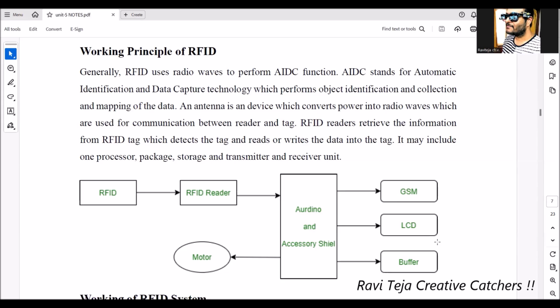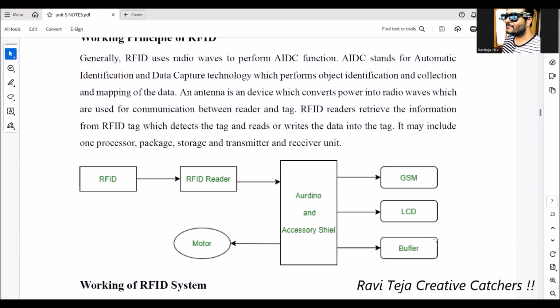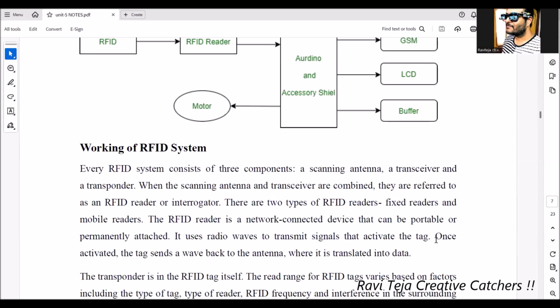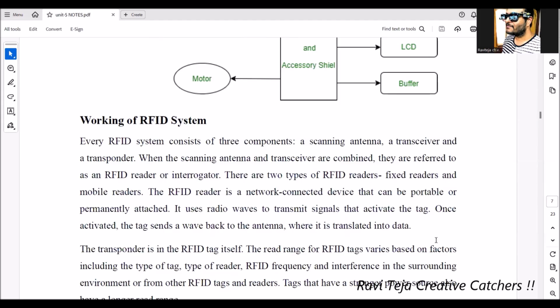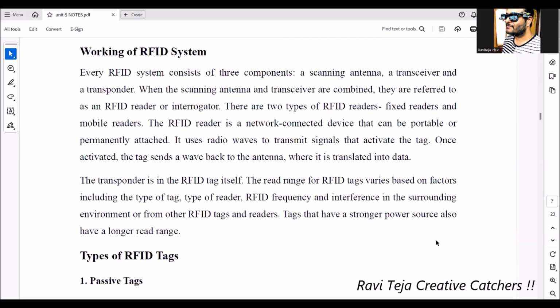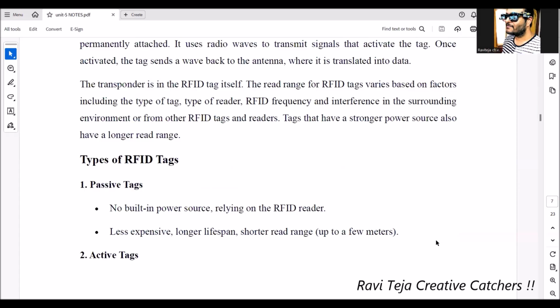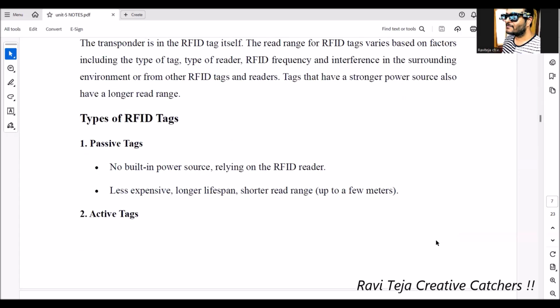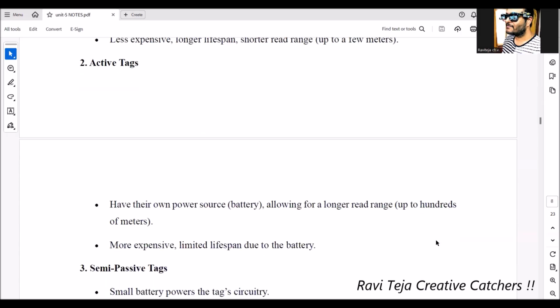As we have already discussed the tag and reader, how they work, in the same way the principle also works. Coming to the working of RFID systems, we have already seen all these things. And types of RFIDs, we have already seen the active tags, passive tags, and all those things based on the frequencies also.